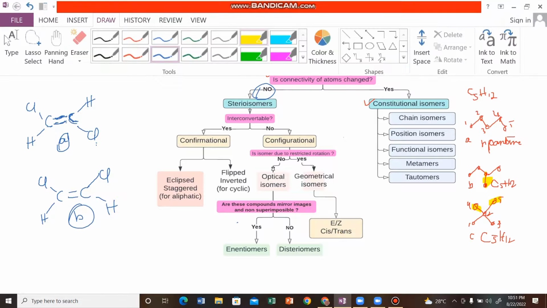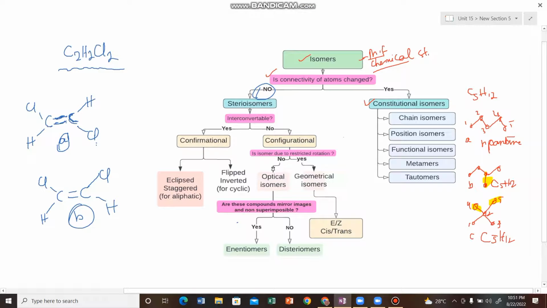Here we have the same molecular formula, same connectivity, 2 carbons end-to-end connected in A, 2 carbons end-to-end connected in B. On carbon number 1 there is chlorine and hydrogen. On carbon number 2 there is chlorine and hydrogen. The other side of structure A also has chlorine and hydrogen. In structure B, chlorine and hydrogen are also present.